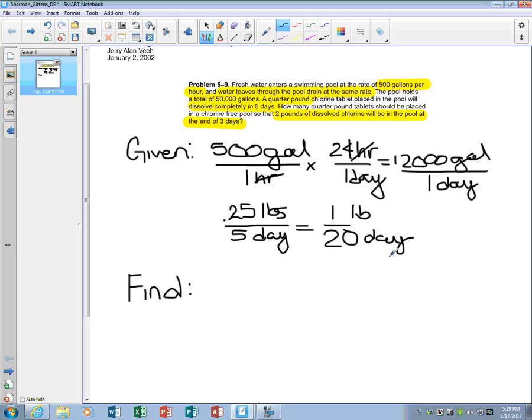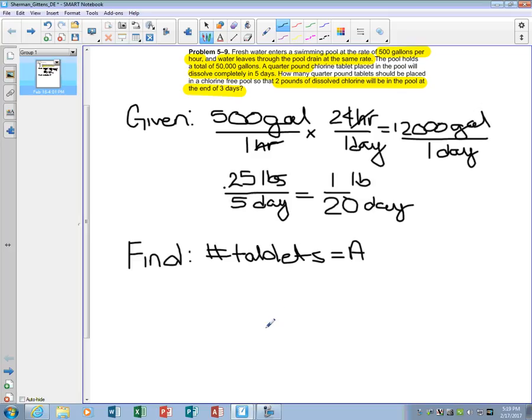We have all this information, so we need to find the number of tablets. We'll call that A. A seems like a safe thing to call that.